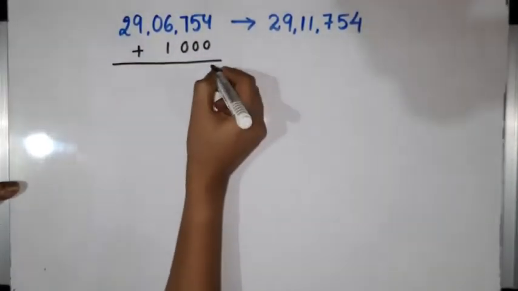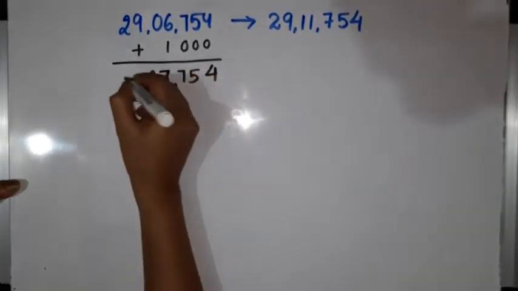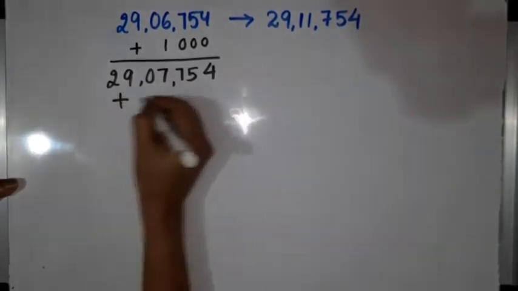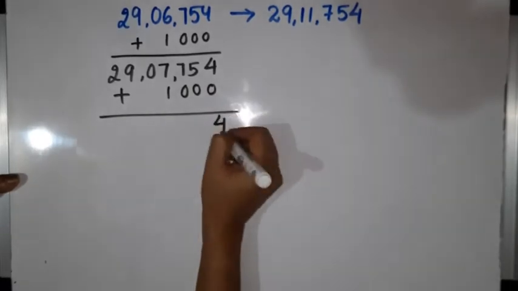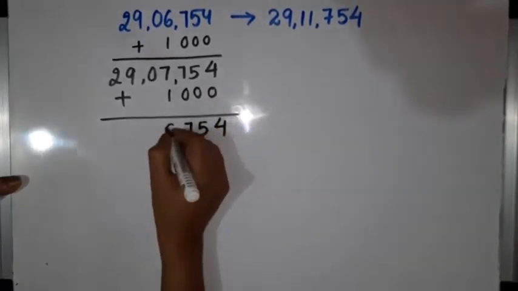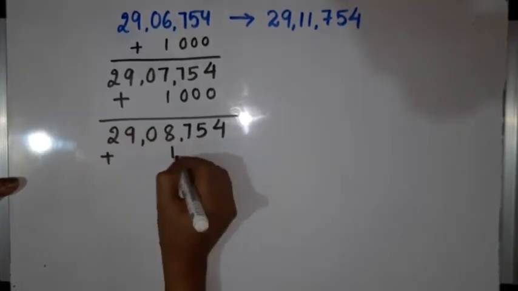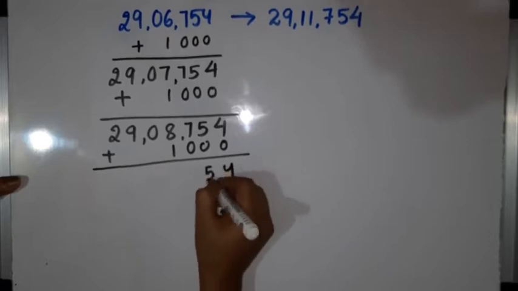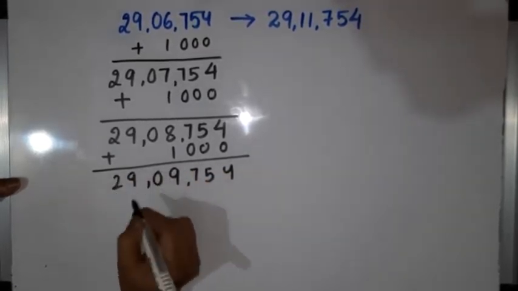So we'll get 4, 5, 7, 7, 0, 9 and 2. So we haven't reached here. So again we'll add 1000. 4, 5, 7, 8, 0, 9 and 2. Again 1000. 4, 5, 7, 8 and 1, 9, 0, 9 and 2.